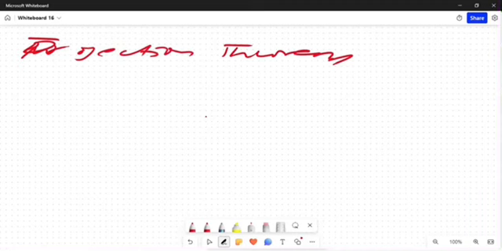If E is an inner product space and M is a subspace of E, and you have an arbitrary vector in E, we consider the problem of finding a vector M star in M which is closest to x.